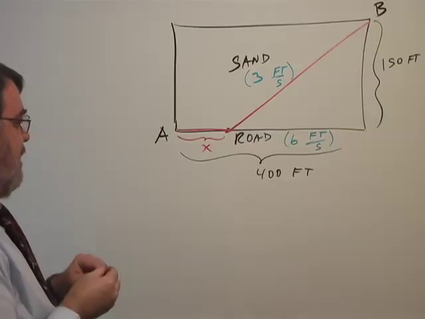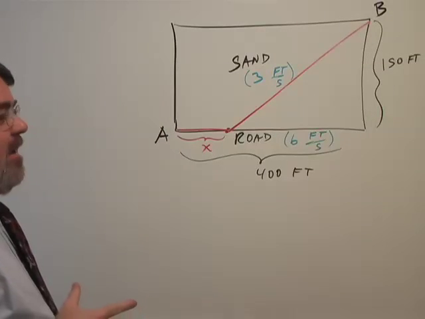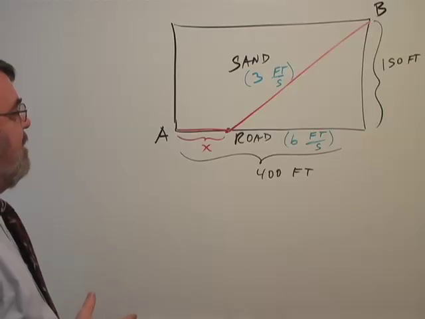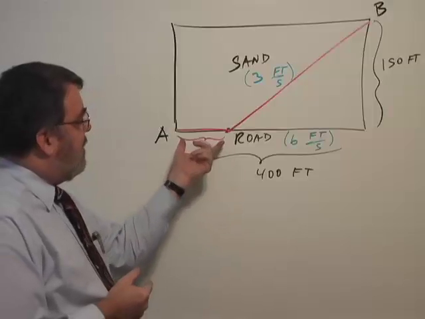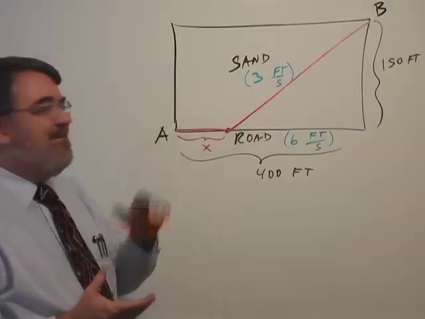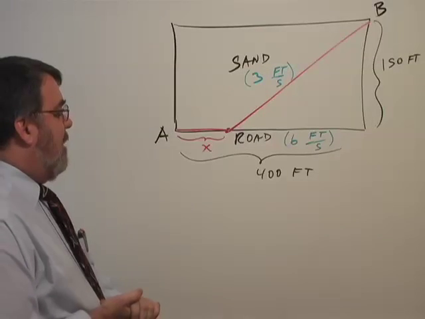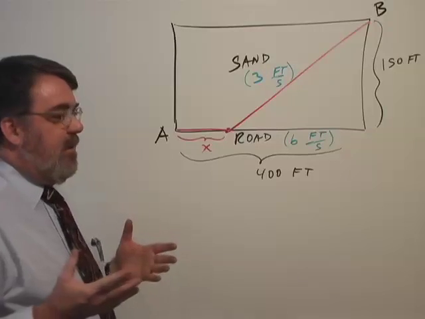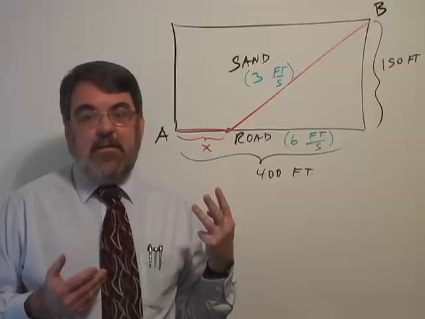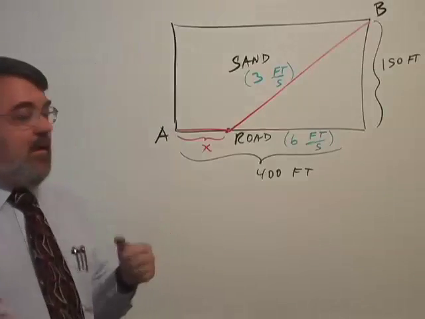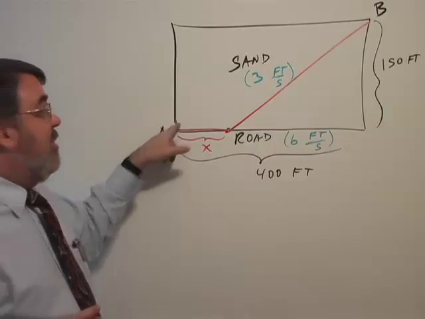All right, so the question becomes, write the function describing the time it takes to go from A to B in terms of this X. Now if you were to ask the question, what's the fastest way to get there? There are 3 reasonable answers. Reasonable answer 1 is to say, well, the shortest distance between 2 points is a straight line.